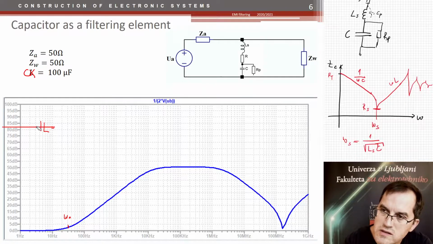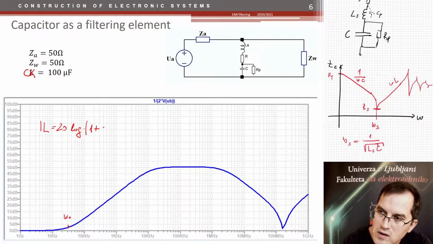The insertion loss equation is 20 log, and then we have 1 plus, I think it was j omega C, and then we have the ZA parallel with ZW, right?